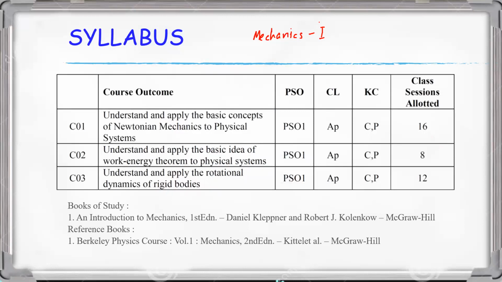In the second semester, you should come across its second paper, that is Mechanics 2. In the first semester, for the core course, you should have 36 hours of lecture.